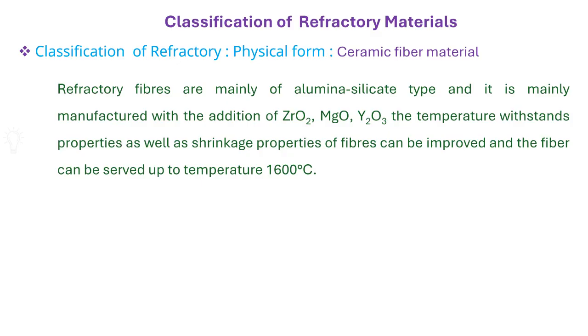These additives make the fibers much more resistant to high temperatures and reduce shrinkage. In fact, high-quality ceramic fibers can handle continuous service temperatures up to 1600 degrees Celsius. That's remarkable performance for such a lightweight material.